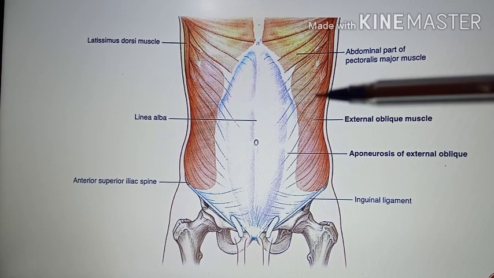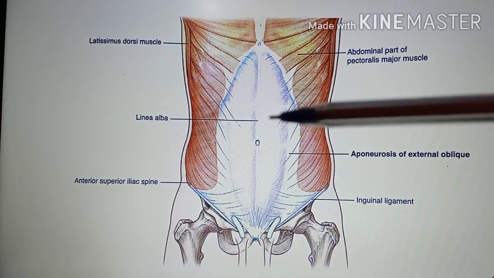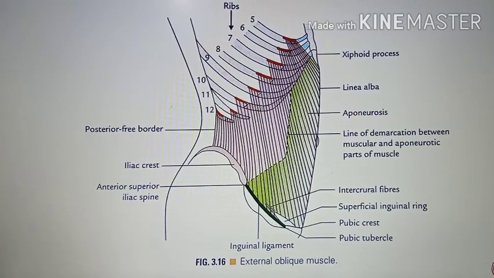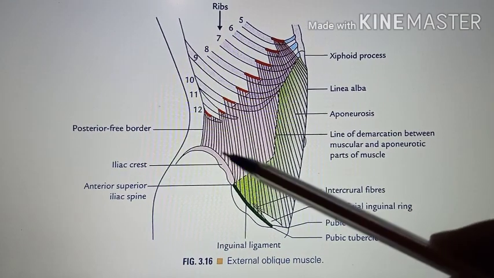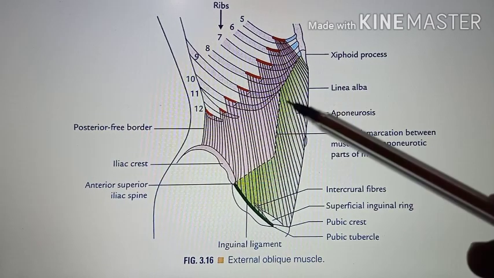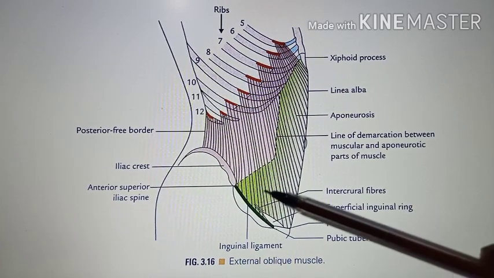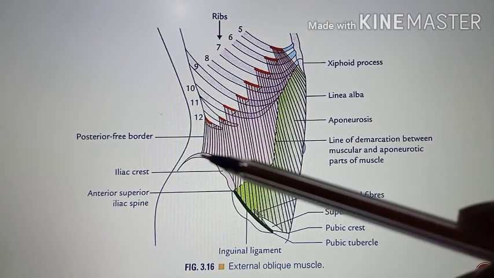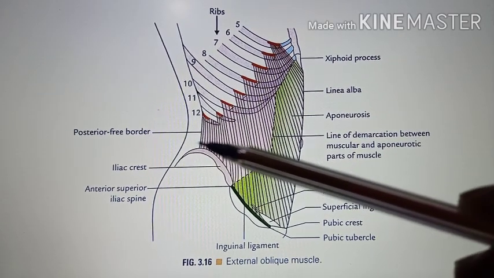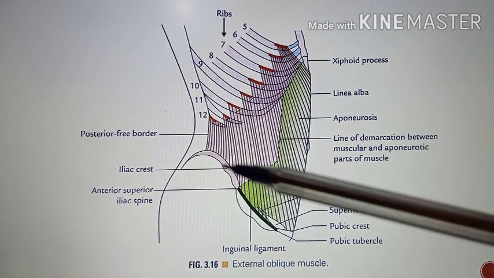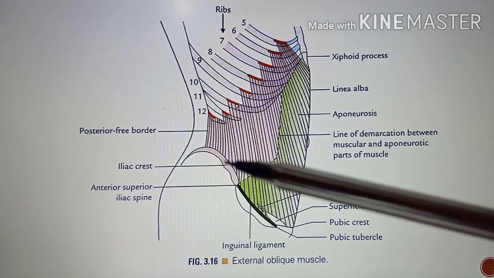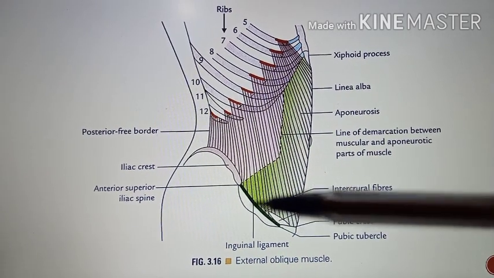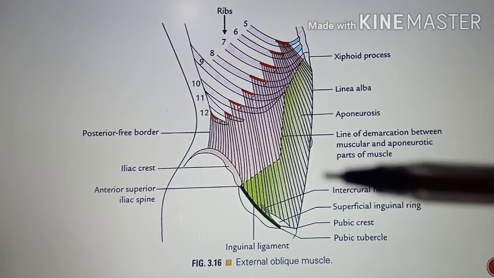Its aponeurotic component covers the anterior part of the abdominal wall to the midline. In this diagram, this is the external oblique muscle, then the aponeurosis of the external oblique muscle, then the iliac crest. Just remember, the iliac crest is made up of an outer lip, an intermediate area as well as the inner lip. This will be helpful to know about the attachments.